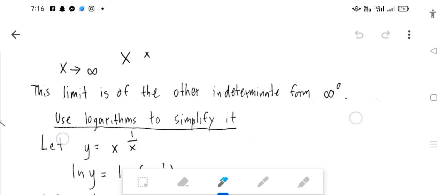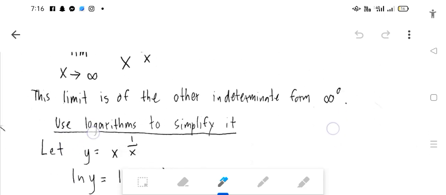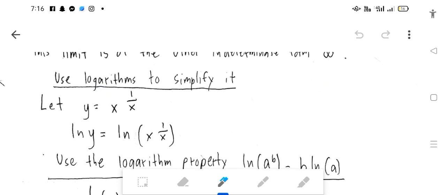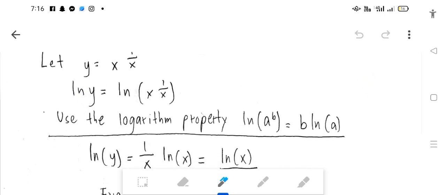First, we're going to let y equal the function, which is x raised to 1 over x. And now we're going to find the natural logarithm of both sides. We have here ln y is equal to ln of x raised to 1 over x. Based on the logarithm property, ln of a raised to b is equal to b multiplied by ln of a.